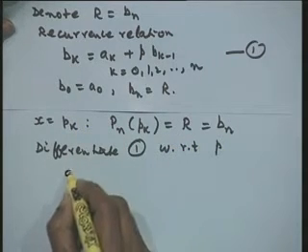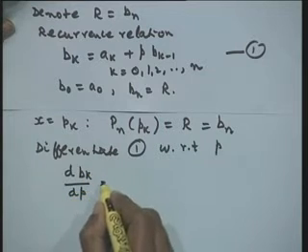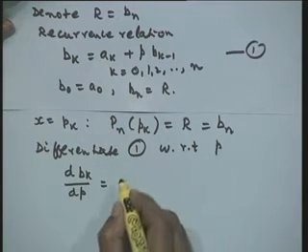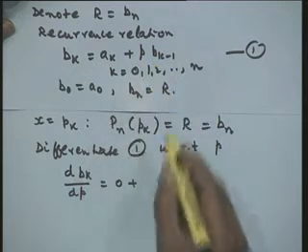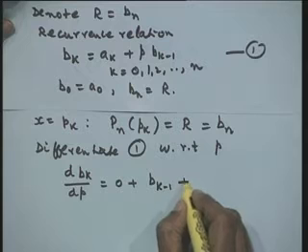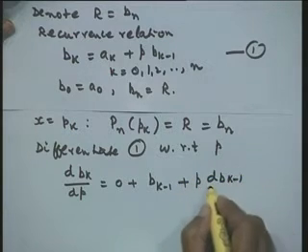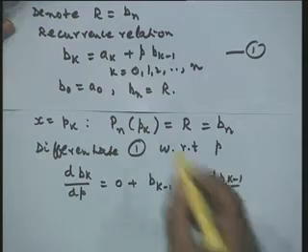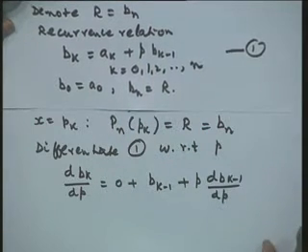Then dbk by dp is, ak is independent of p, therefore that is 0, plus the product of these two terms. Let us differentiate it: bk minus 1 plus p times dbk minus 1 upon dp. So, I have differentiated this product to get this particular quantity.